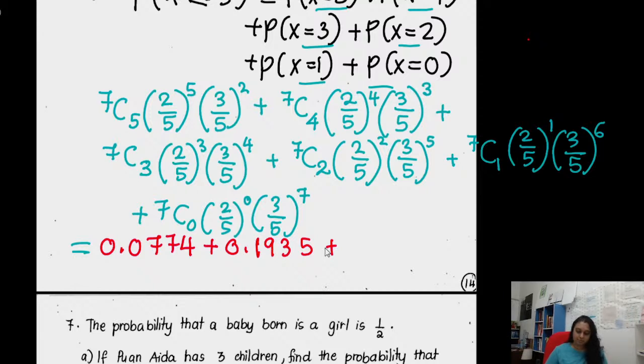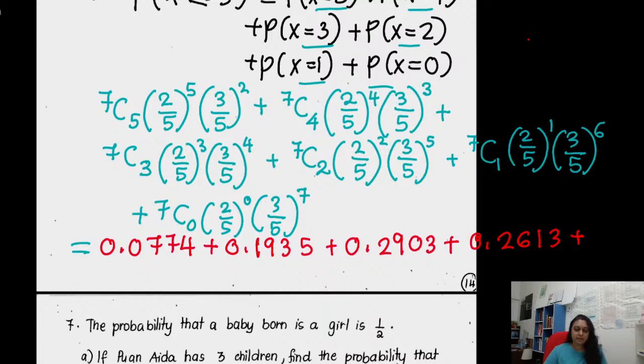So kita dapat 0.2903. Tambah lagi 7C2. This one is 2 and then that side is 5. So I'm getting 0.2613. Okay, I bundarkan to 4 decimal places.